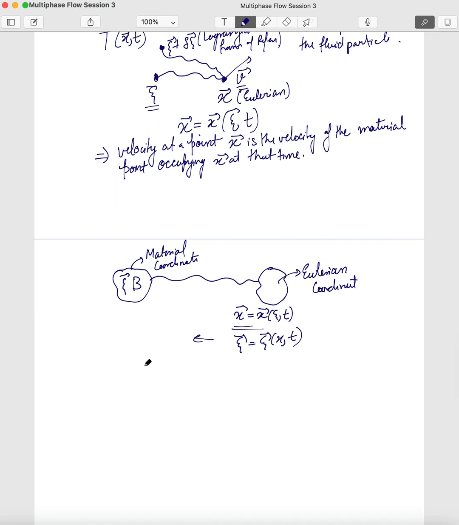So when we say Eulerian derivative, that is just the usual derivative, del B by del t, the Eulerian derivative, and the material derivative is usually defined like this.